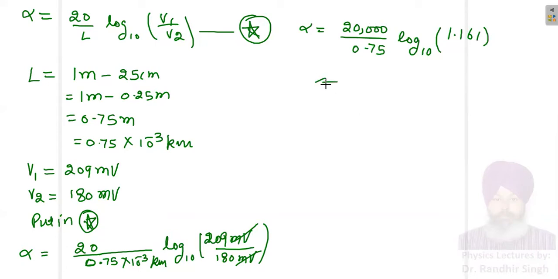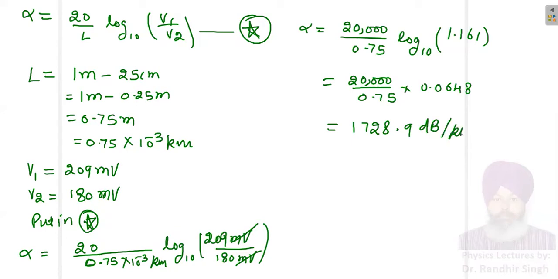So this will be equal to 20,000 upon 0.75 into 0.0648, and this value will become 1,728.9 decibel per kilometer.